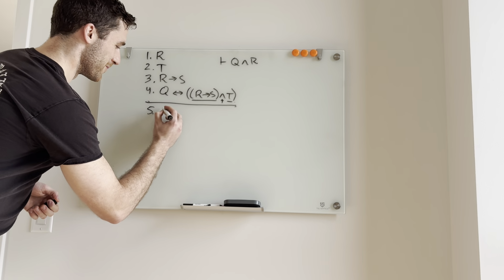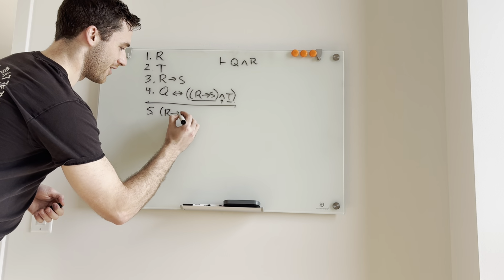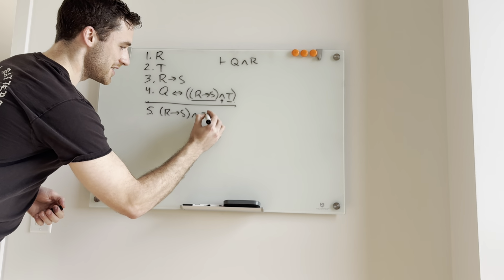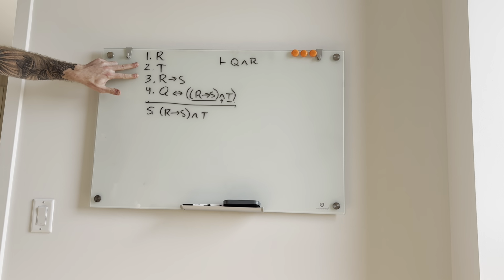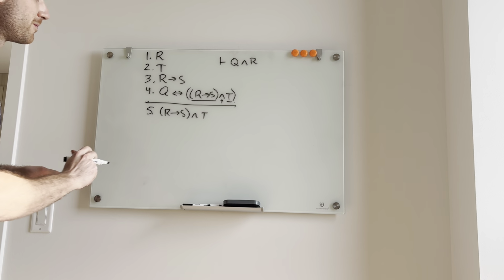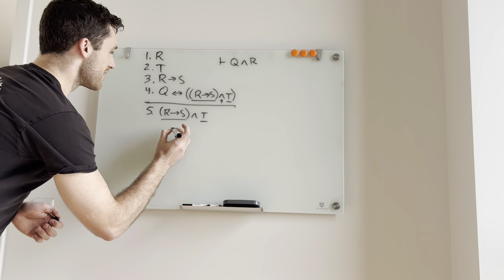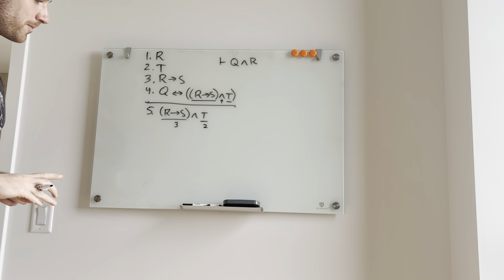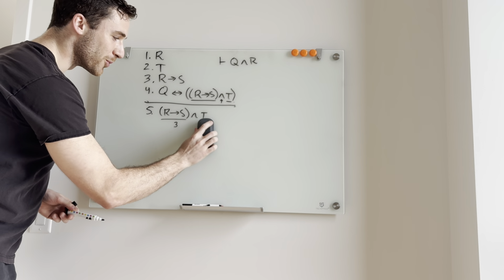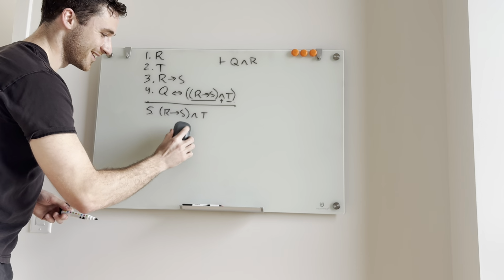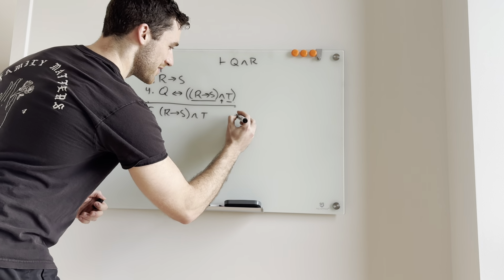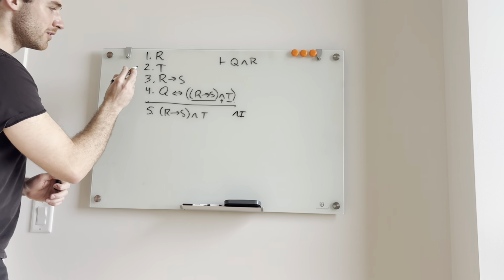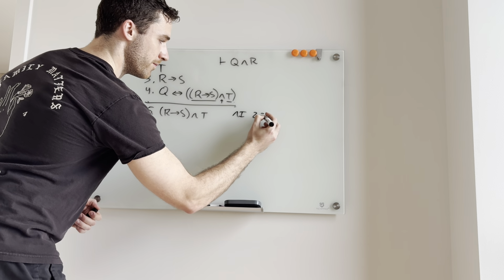That's all I have to do. So this will go like R arrow S and T. And I knew that was true because both of these sentences individually are true, right? This is line 3 and this is line 2. So I can just go ahead and put them together with an and symbol, right? Nothing wrong with that. So this is and introduction from lines 2 and 3.